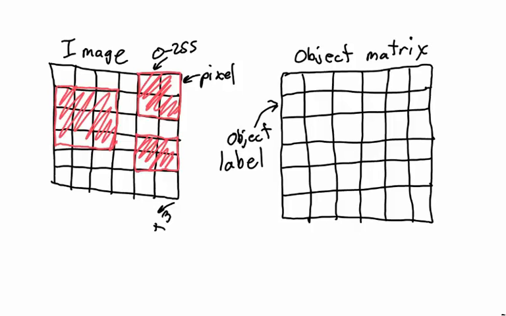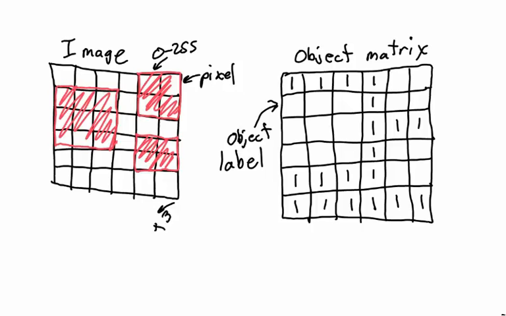The output that we would like for our object matrix would call all of these white pixels object number 1. And so the desirable output would be to have a number 1 in all of the pixels that correspond to the white pixels in our image. Next, we want to pick up these three red squares as different individual objects.